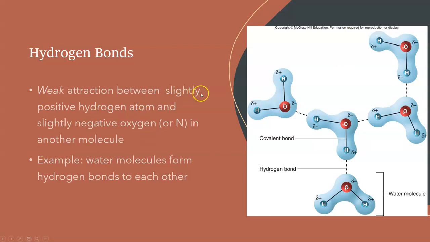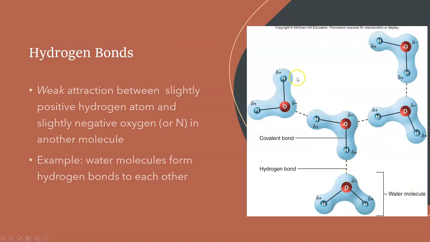It's a weak attraction between slightly positive hydrogen atoms, right here, and slightly negative oxygen or sometimes nitrogen. But we like to think of the oxygen because hydrogen bonds are really important in water. Water molecules form hydrogen bonds together because the partial negative oxygen connects to the partial positive of this water molecule, and this one happens over here. And this is really important for water.